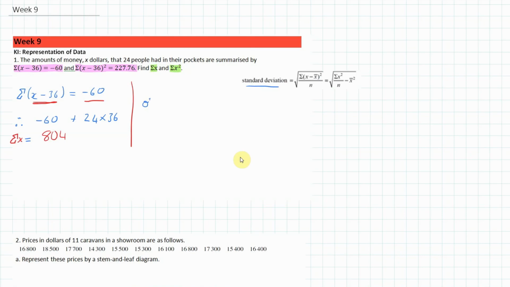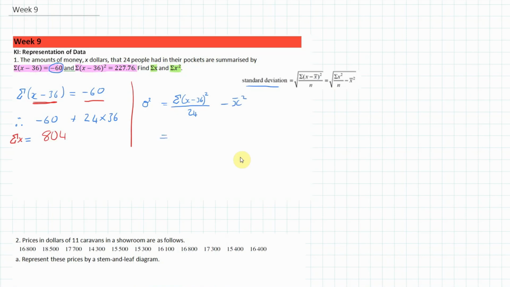The variance of the coded data is the sum of (X minus 36) all squared over the number of items of data, 24, take away the mean of the coded data squared. Now the mean of the coded data is this negative 60 divided by 24, which gives me negative 5 over 2.